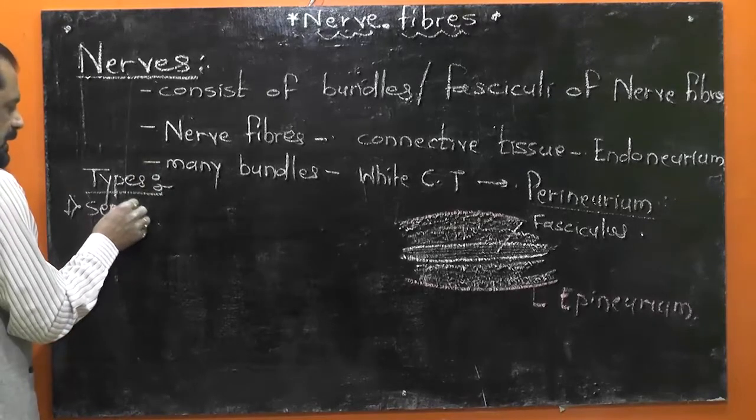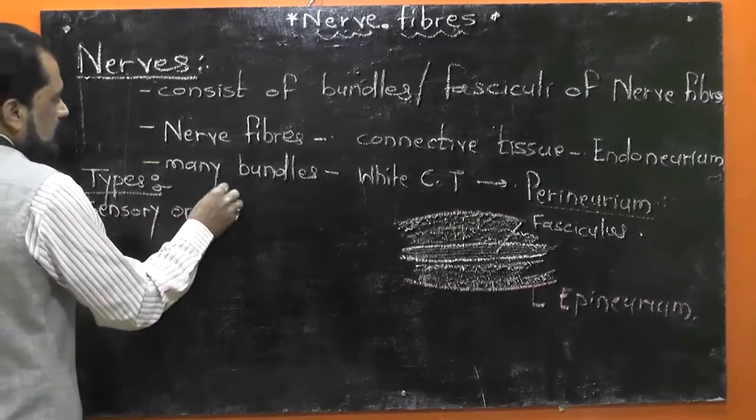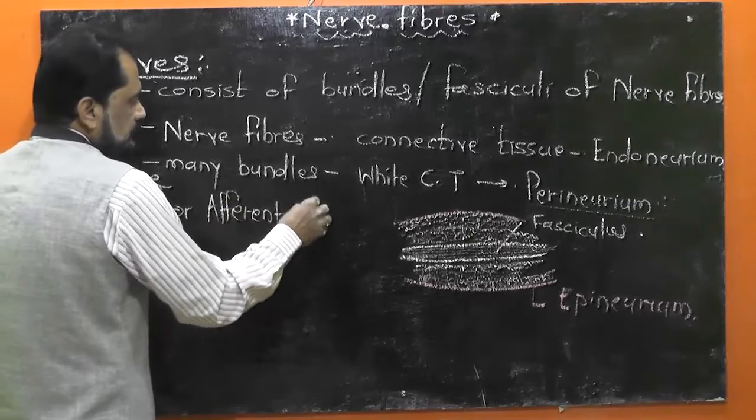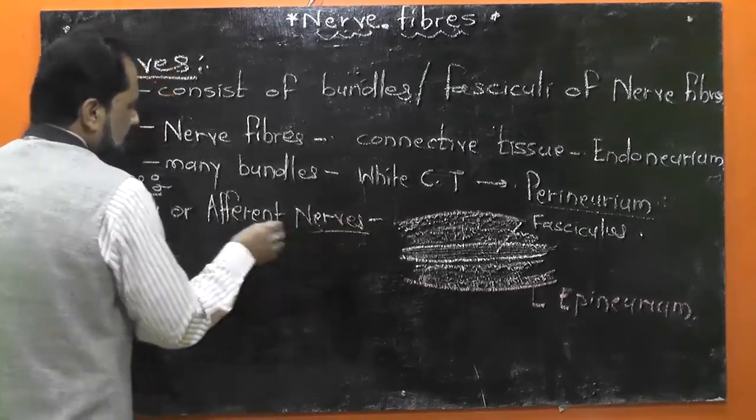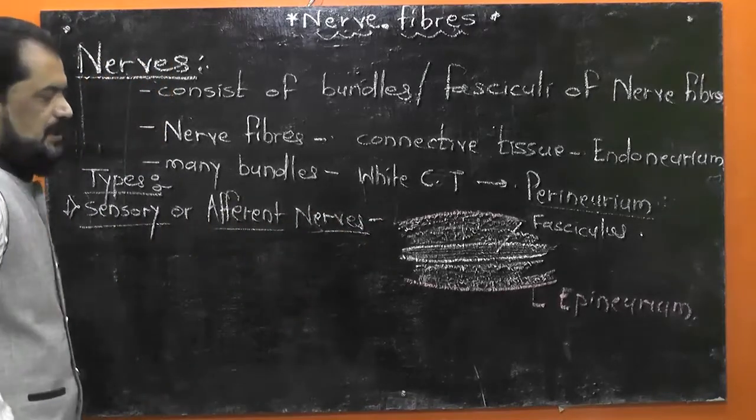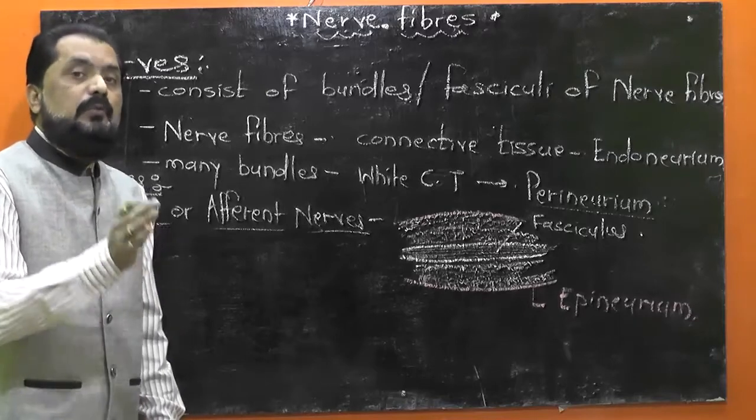First, sensory or afferent nerves. Very simple. Just now we have discussed the sensory or afferent nerve fibers.